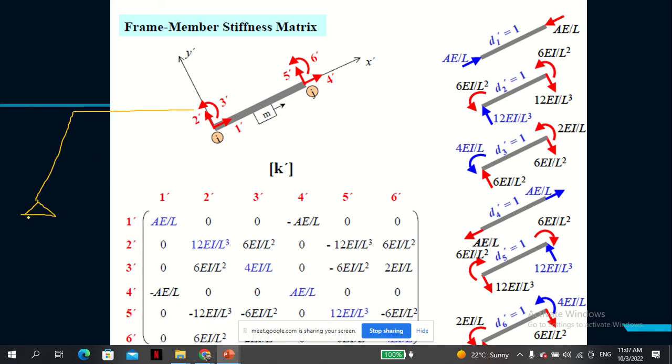So if this is your structure, with many members, and you are only talking about member AB, that would be called local AB.